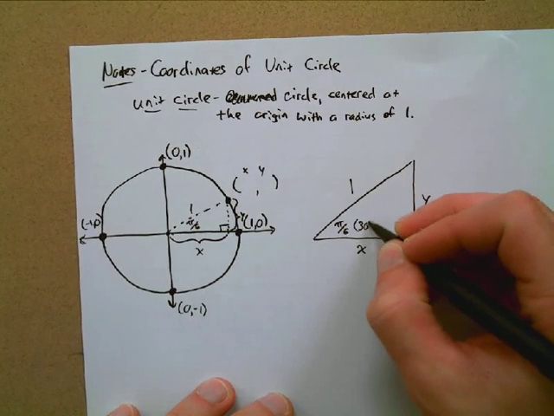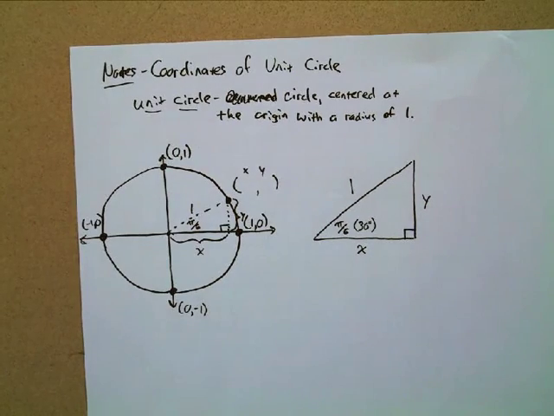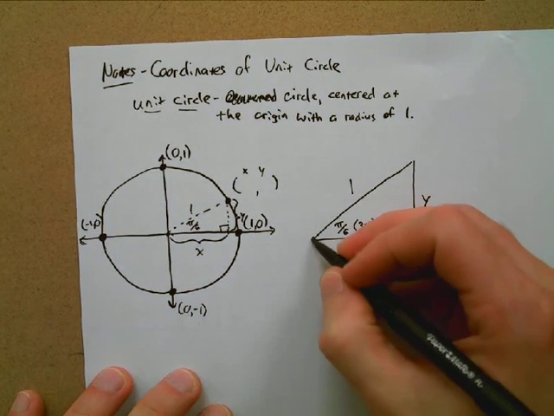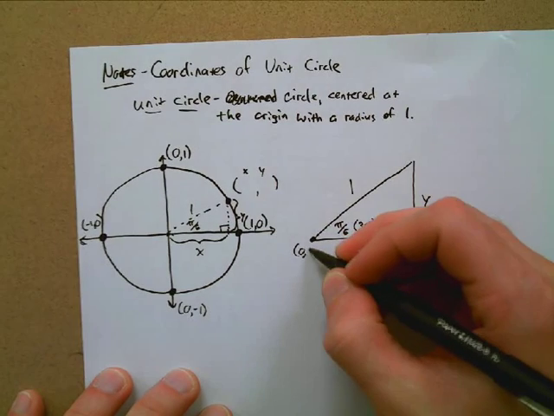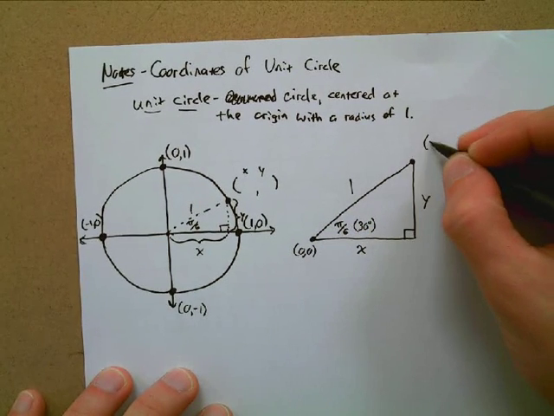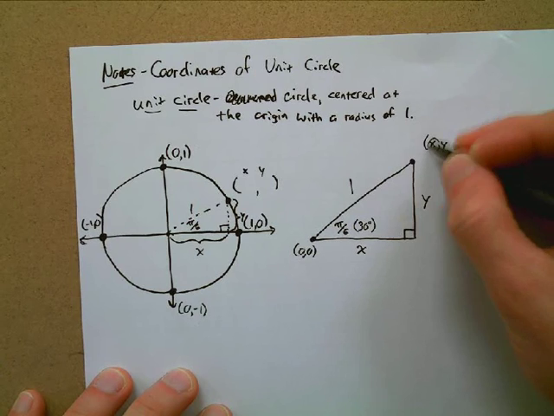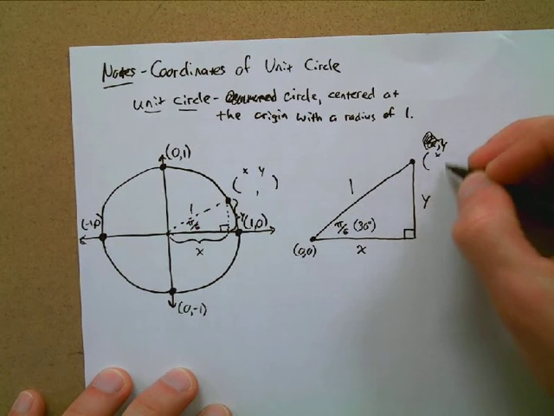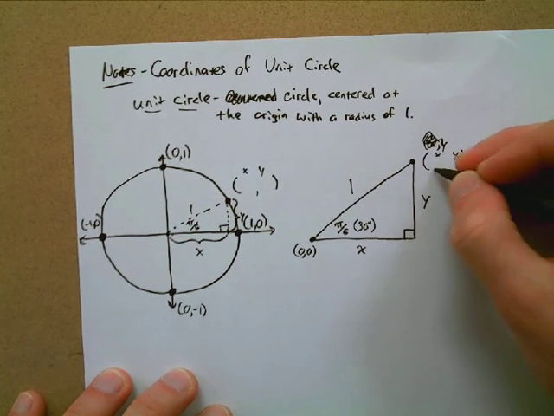And again, the vertex here is located at the point 0, 0. The vertex here, that's what we're trying to find. This is some x comma y, some coordinate we're trying to find. That's our goal, to find that point, x comma y.